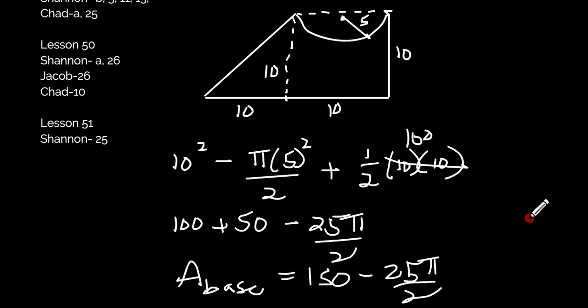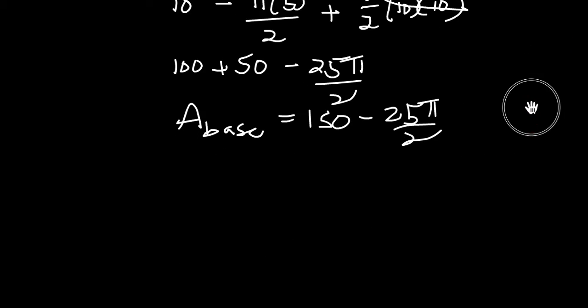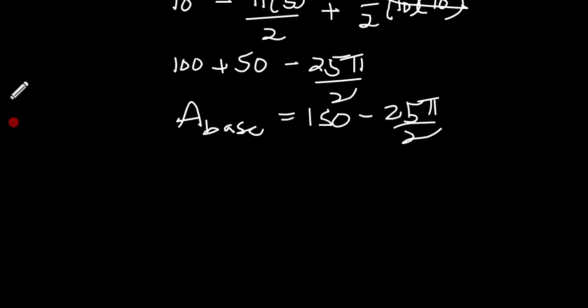Now, what we want to find is, in this problem, they're giving us the volume. So I'm going to have to move down. Hopefully I have more room. Okay, so we know that the volume of a prism equals the area of the base times the height.